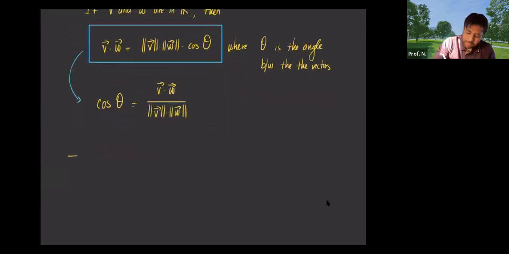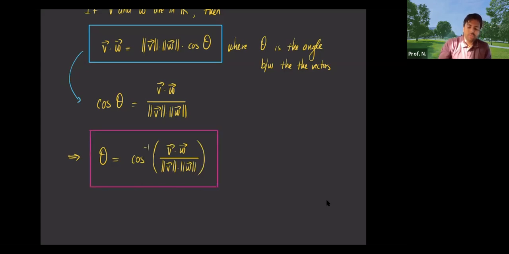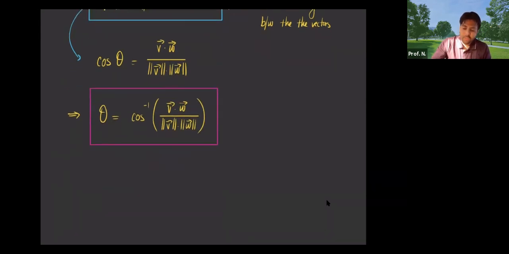In particular, we can define exactly what the angle is by using the inverse cosine function of the dot product of the two vectors V and W divided by the norms. So we can find the angle. The idea is we can find the angle between any two vectors as long as you give me the two vectors.